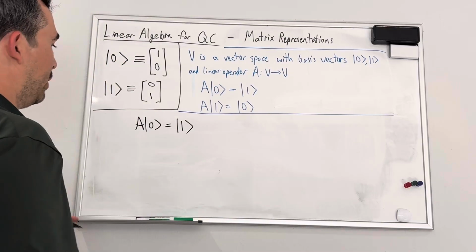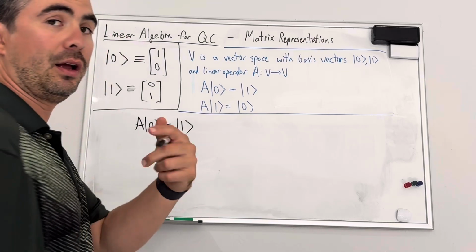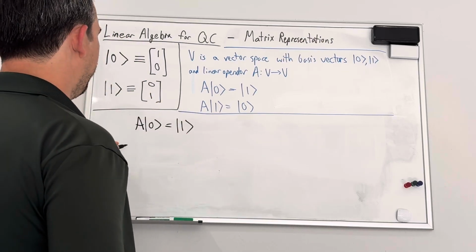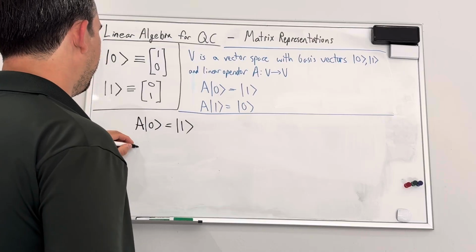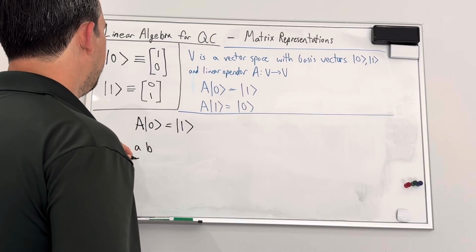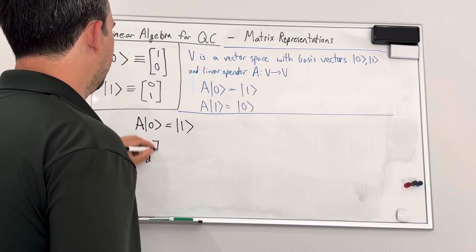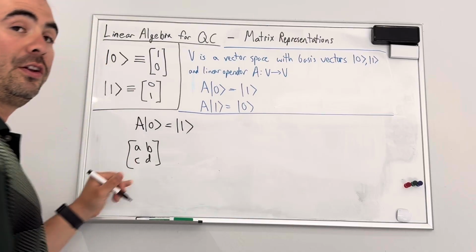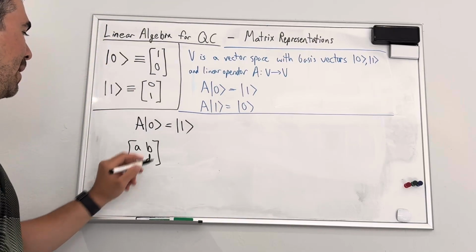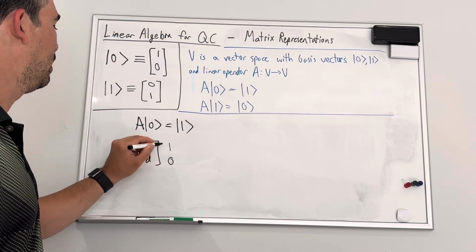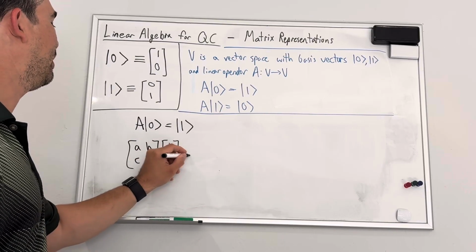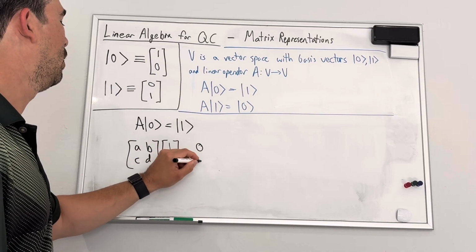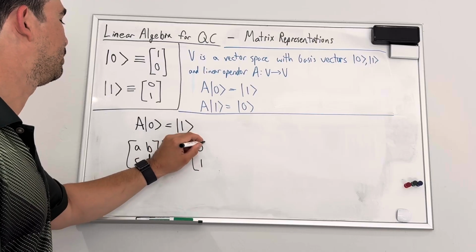And since we're in 2 dimensions, we know that A is going to be a 2 by 2 operator. So let's rewrite this, I'll give these letters a, b, c, d. These are the 4 entries of my matrix, acting on the 0 vector. And that is going to equal the 1 vector.